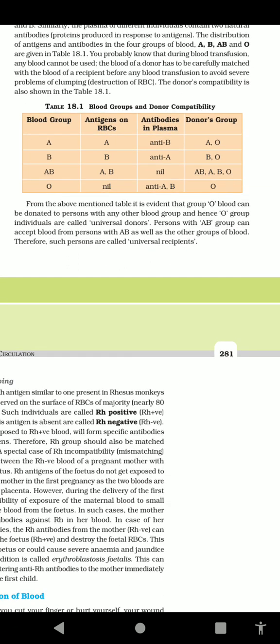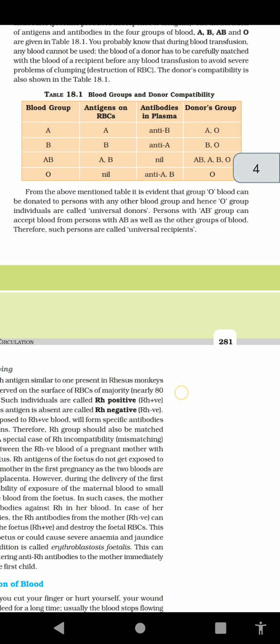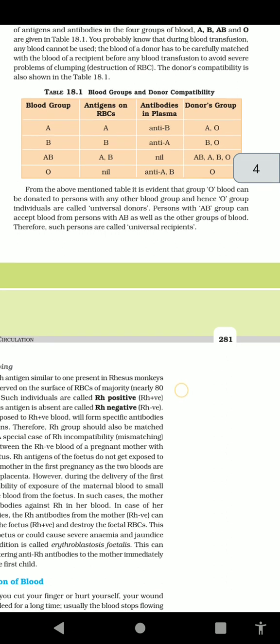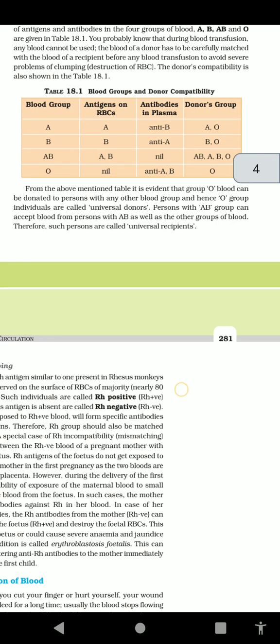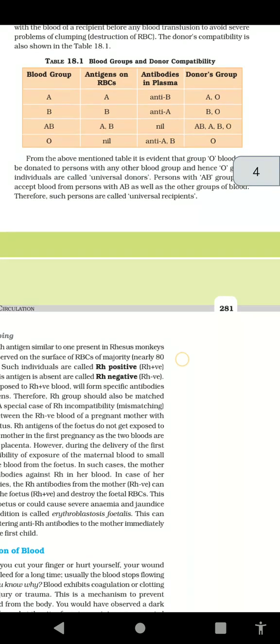The blood of the donor has to be carefully matched with the blood of the recipient before any blood transfusion to avoid several problems of clumping and destruction of the RBC. The donors compatible are also shown in the table.